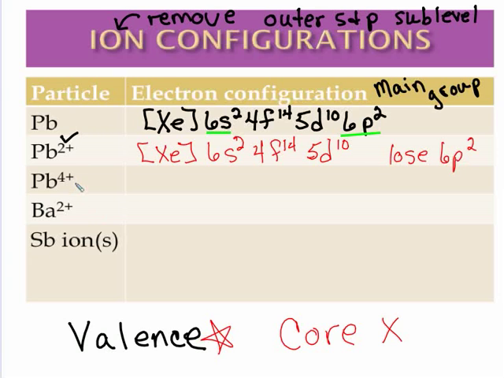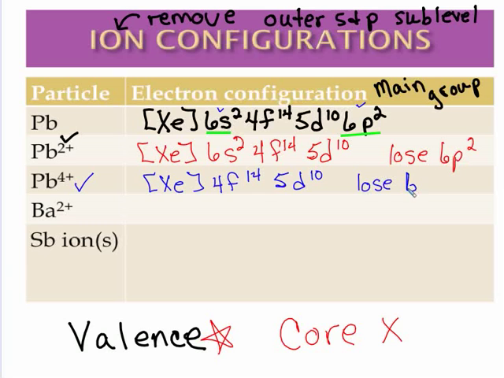Now, to get to the 4+ stage, so we have lead 4+, we would lose both the p and the s electrons. So it would be xenon, lost the 6s2, so we'd have 4f14, 5d10, and we've lost the 6p2 as well.